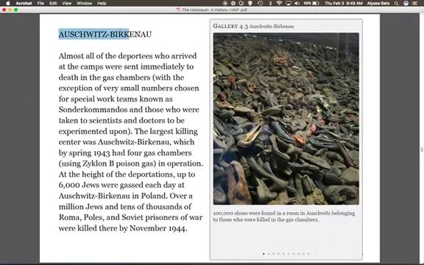And then we'll put some information about Auschwitz. Okay, so this is the information we should be putting into that box.